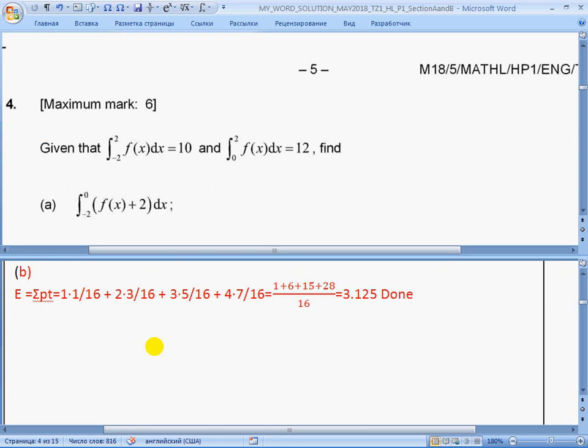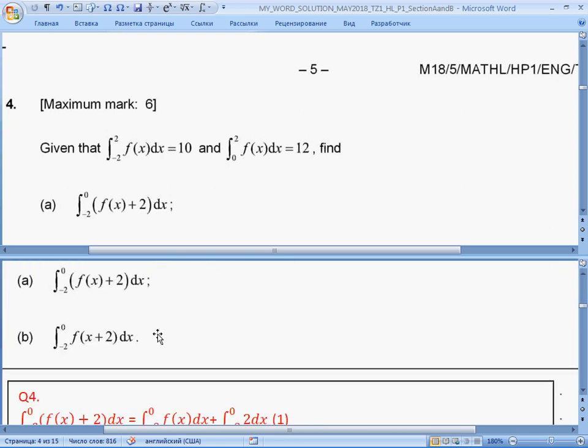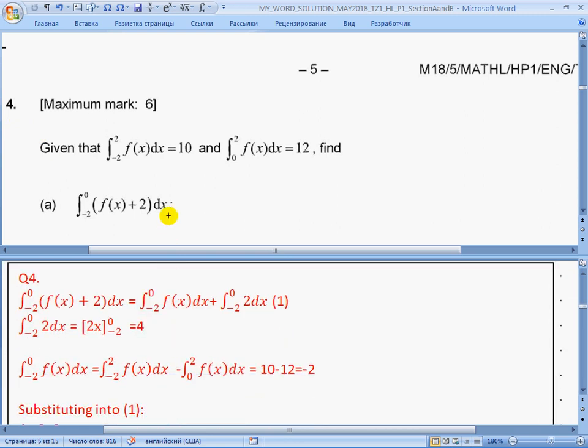So question 4. We're given two different integrals, and we should find another integral. First of all, this integral we change into a sum of two integrals. The second integral is very easy to find: the definite integral will be 2x with boundaries minus 2 to 2, which gives us 4.